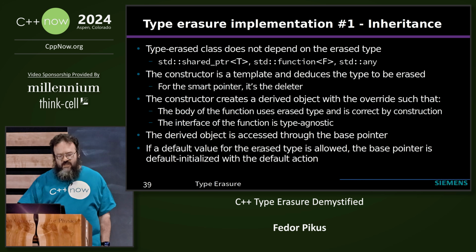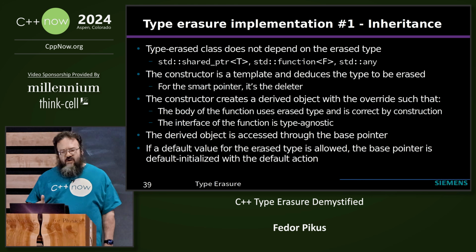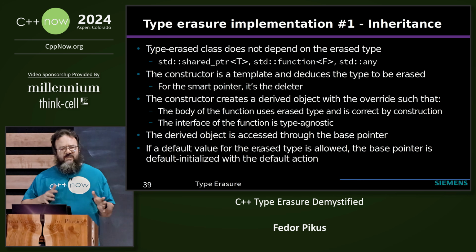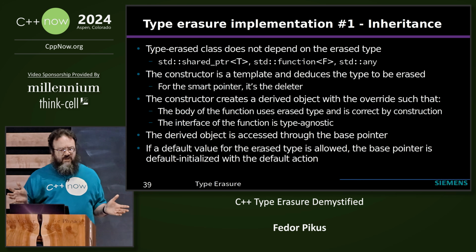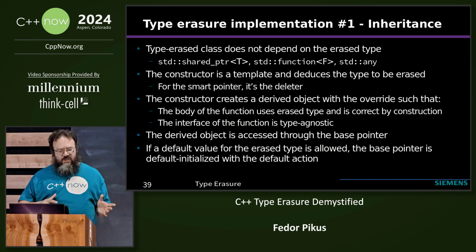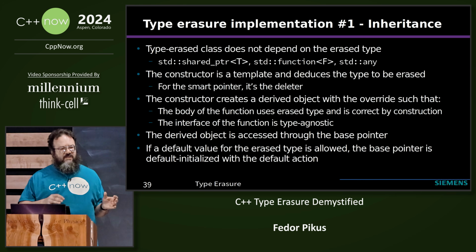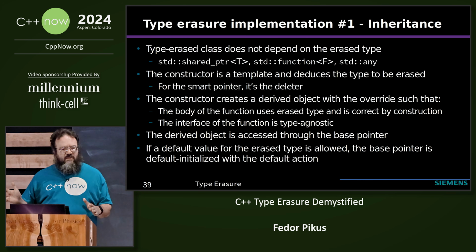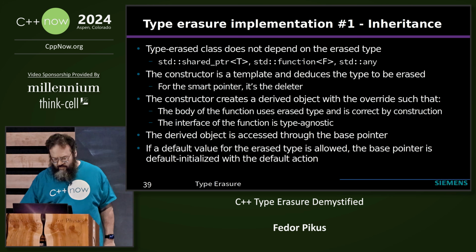And if you need a default value, for shared pointer, we want to have a default value. In some other type erased situations, maybe you don't want a default value, then you just don't allow it. But if you need a default value, the best way to implement it is to initialize your base class pointer to the action of the default type.